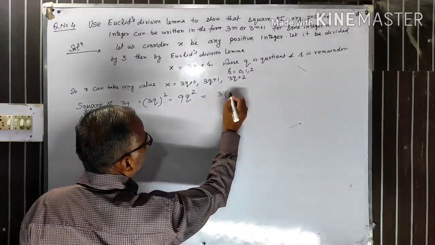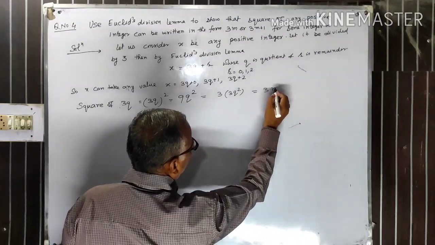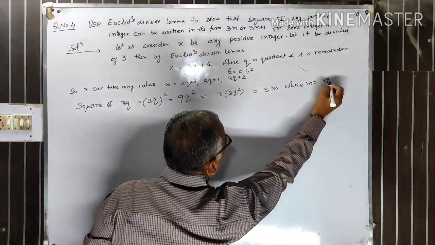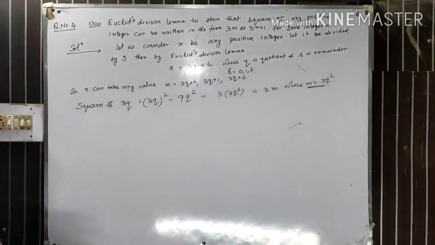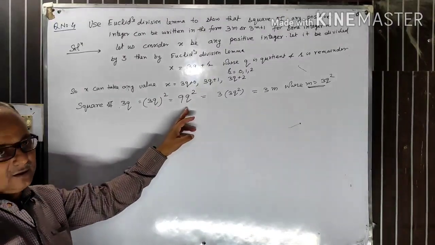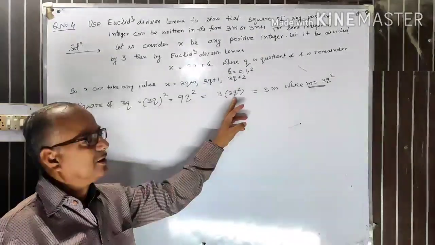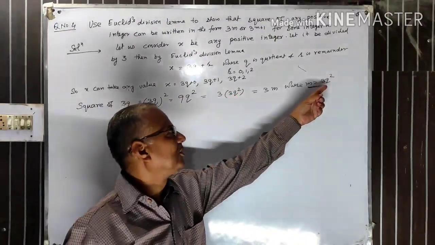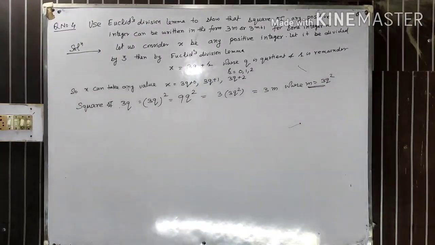That can be written as 3 into 3q square, and again as 3m, where m is equal to 3q square, some integer, because it is given for some integer m. So square of the first number is written in the form 3m.